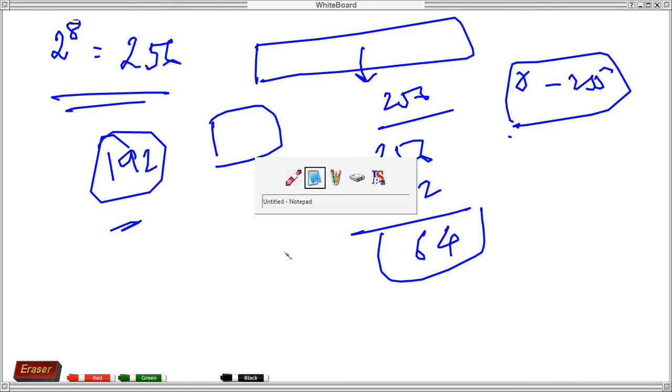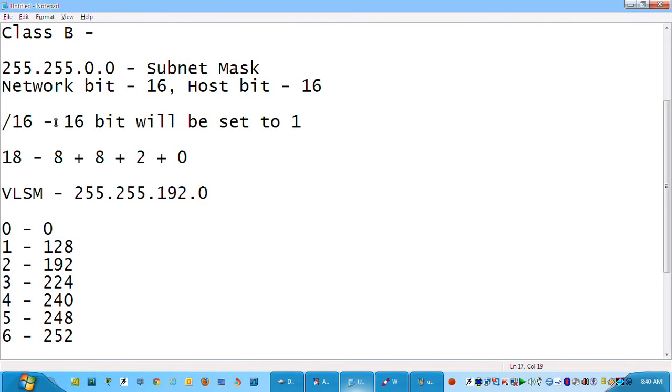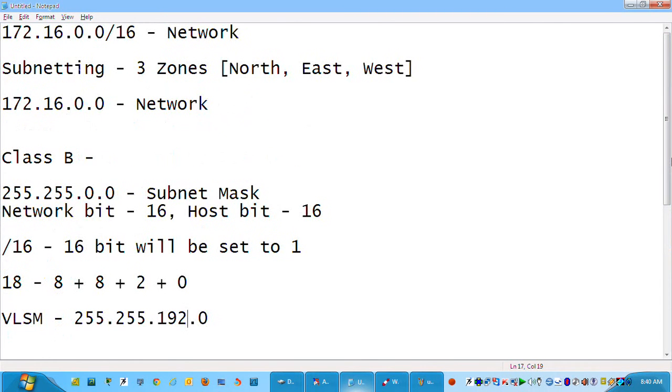Now I have to calculate the subnets. If it is slash 18, from slash 16 to slash 18, I have borrowed 2 bits. So I will be getting 4 networks. In subnetting, I have to get different subnetworks. This was a network which will be divided into subnetworks; I require 3 subnetworks, but I have to calculate 4.